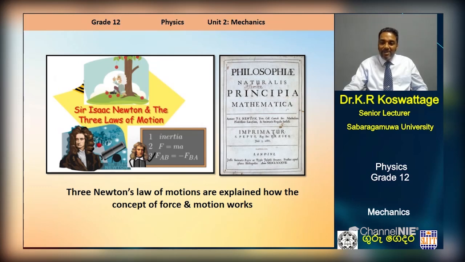In 1686, Sir Isaac Newton published his three laws of motion in a book named Mathematical Principles of Natural Philosophy. Here you cannot read this, as it is in Latin. I have just translated this part. This is about the book which Sir Isaac Newton published in 1686.